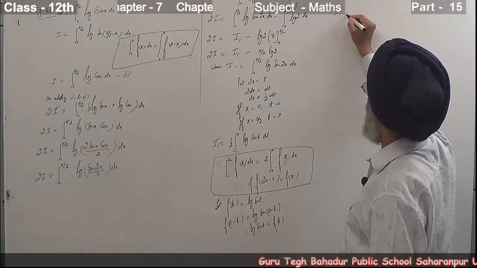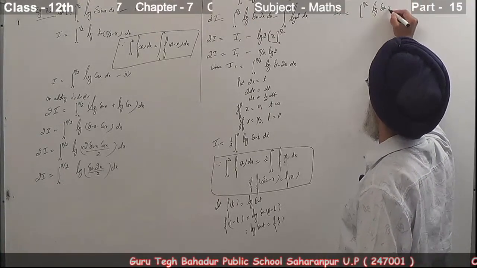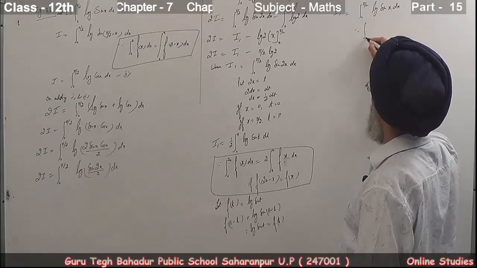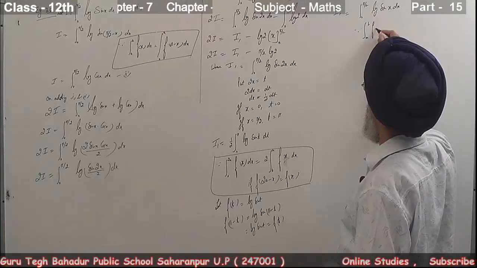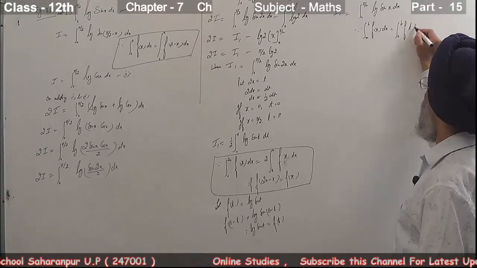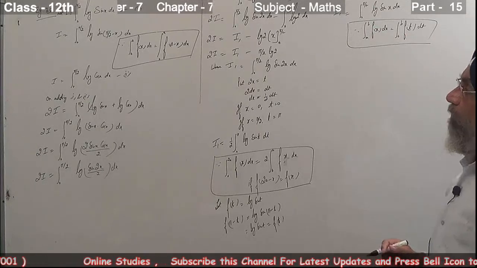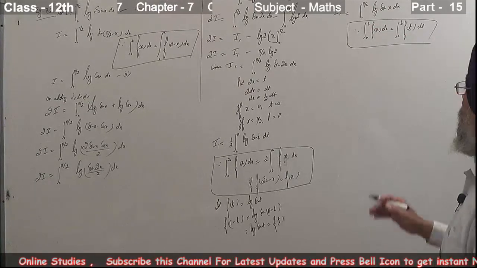Now applying the first property, keeping the limit the same, we can change the variable. The property is that the integral from a to b of f(x) dx is equal to the integral from a to b of f(t) dt. Approximately 4 properties we have used in this question. That's why it is very important.